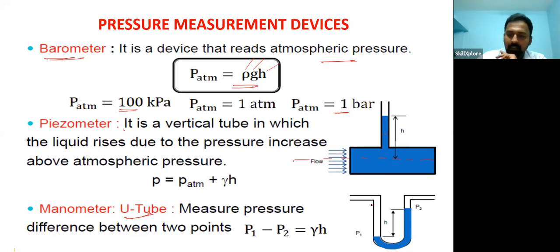If you measure the pressure difference between 2 points, it is easy to calculate the flow, how much quantity of fluid is flowing in a pipe or in pressurized lines. So the pressure difference between the 2 points can be calculated by using the U-tube manometers. I will explain these topics with problems.